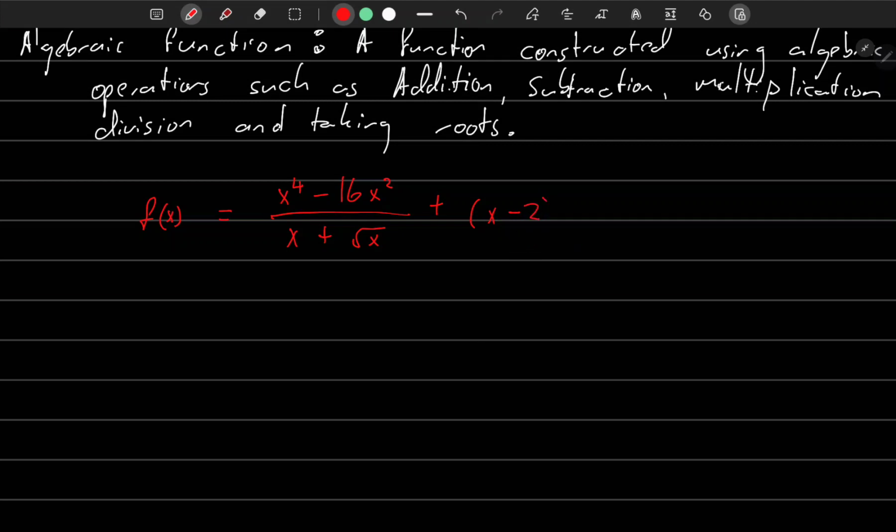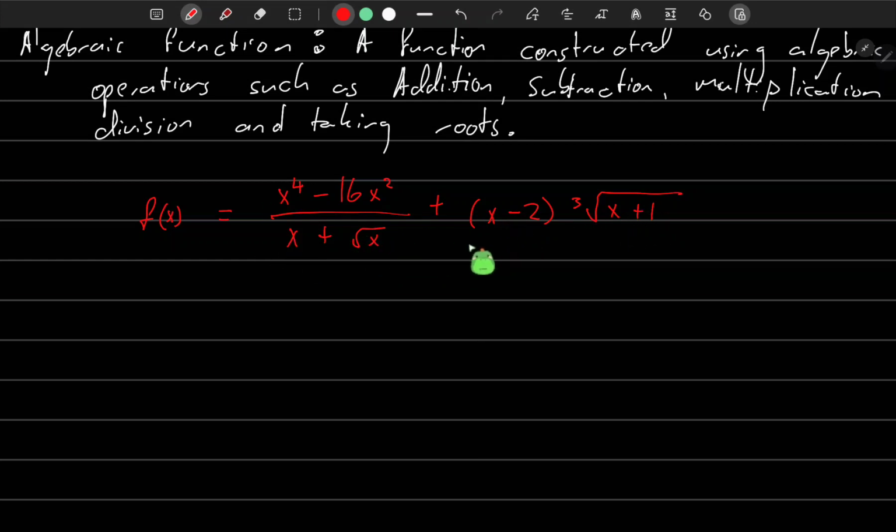That x minus 2 is not a power; it is being multiplied by x plus 1. So this is an example of an algebraic function. It's just mixed up together. You can see here there's a root, here there's a root.